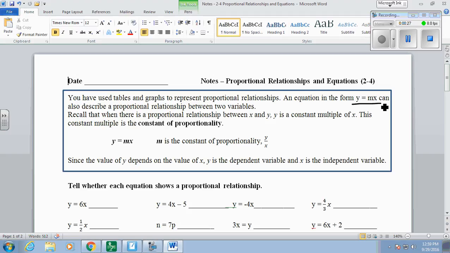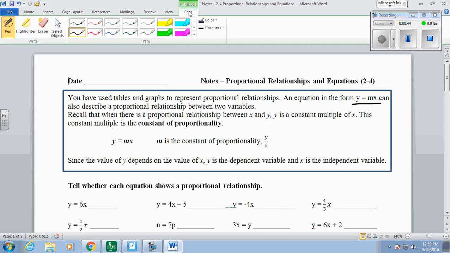And again, they have this sentence: recall that when there is a proportional relationship between x and y, y is a constant multiple of x. This constant multiple is the constant of proportionality. So what they have done for you is they have written y equals mx.